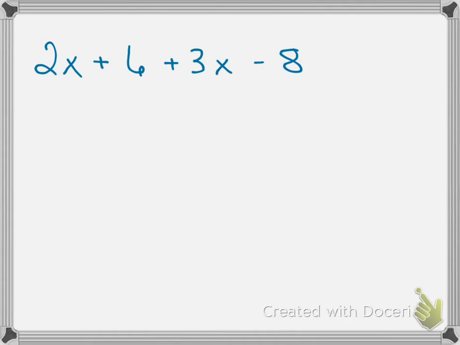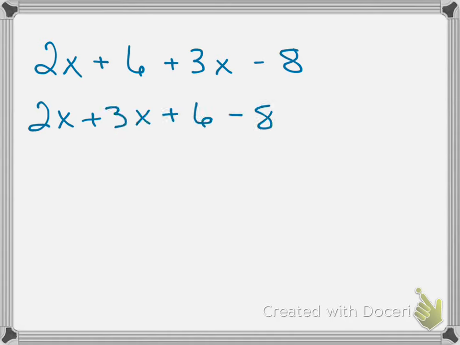How could I simplify this expression? How could I simplify it, Alex? Add the 6 to 8. Add 6 plus 8? L'Ariel? The 2x plus the 3x. 2x plus 3x plus 6 minus 8.